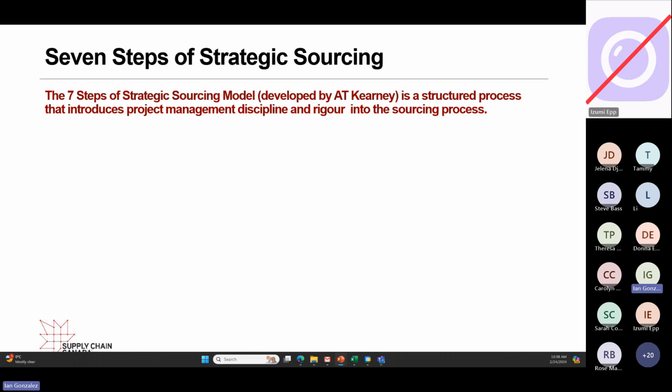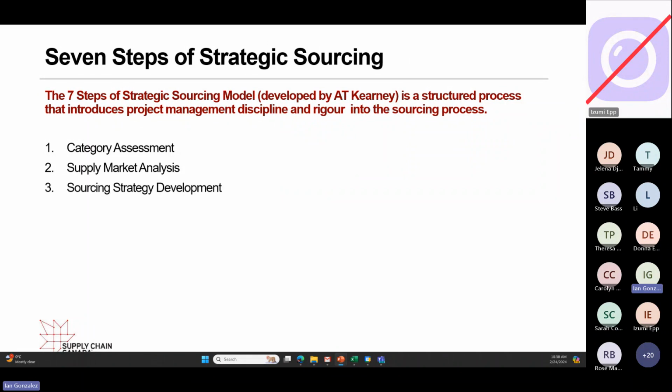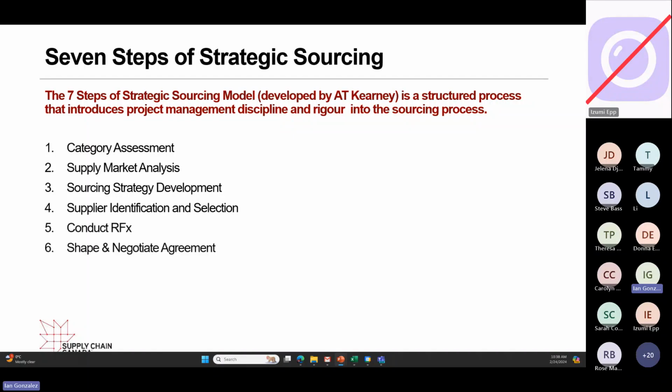And here are the 7 steps. Category assessment, supply market analysis, sourcing strategy development, supplier identification and selection, conducting your RFX, RFP, RFQ, whatever, shaping and negotiating the agreement, and finally, implementation of the agreement and continuous improvement.